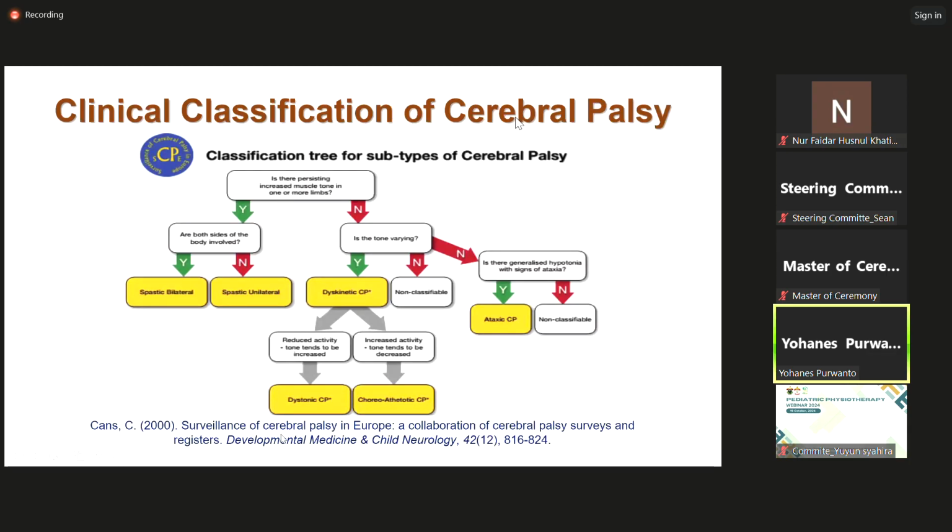The Surveillance of Cerebral Palsy in Europe, in 2000, made it easy to classify cerebral palsy with the algorithm here. First, the question is: is there any persisting increased muscle tone or any spasticity we can find in this child?